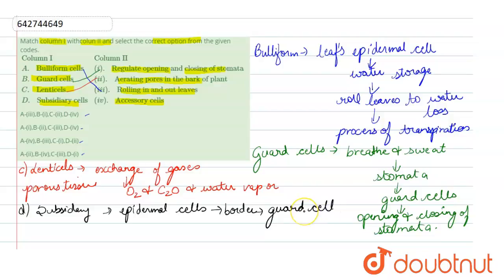So these are the subsidiary cells, basically the accessory cells. So in that case, the correct option is the first one, which says A is to 3, B is to 1, C is to 2, and D is to 4. Option A is the correct option.